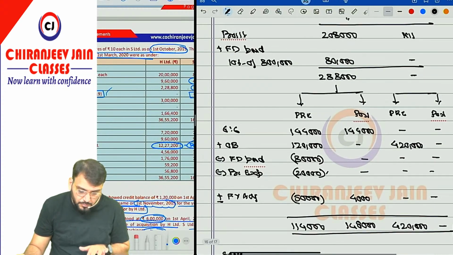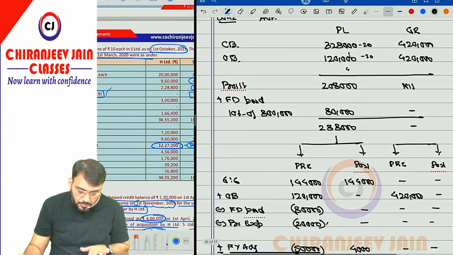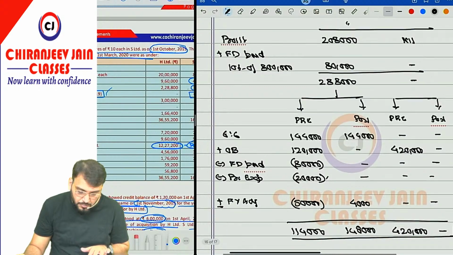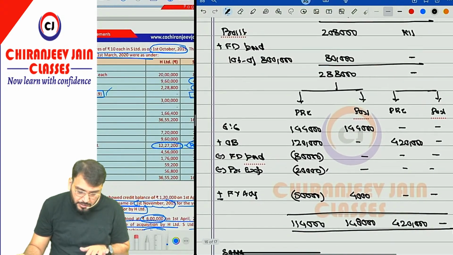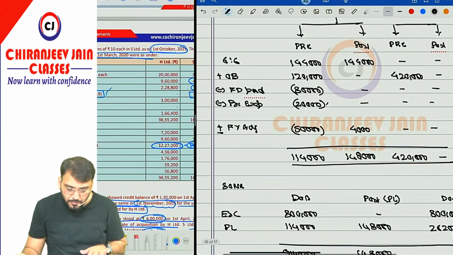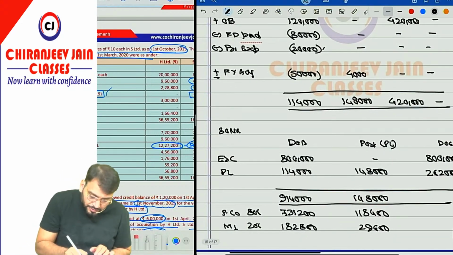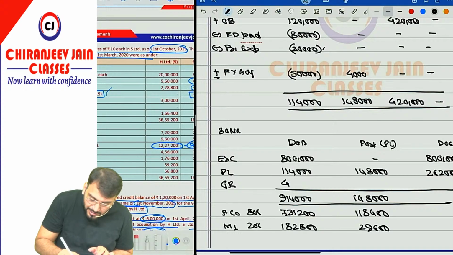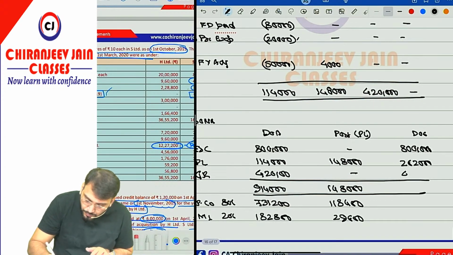Achha, we have not added general reserve. General reserve is also what? 4,20,000. This we have missed.